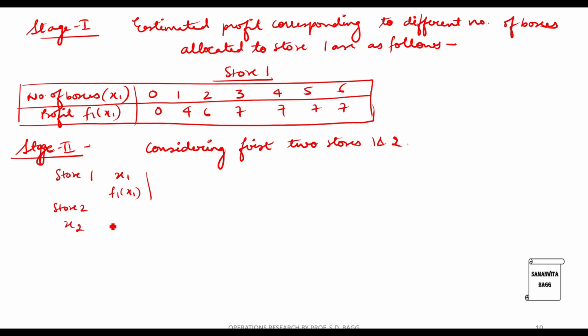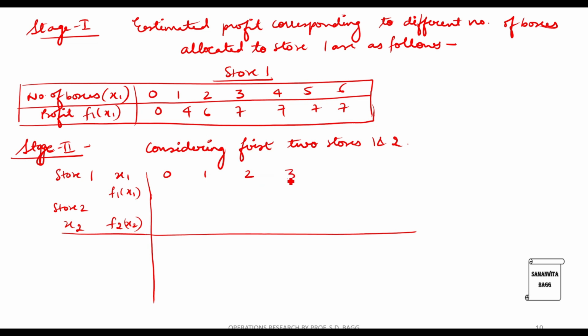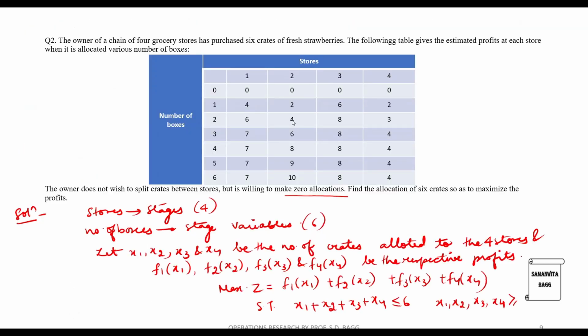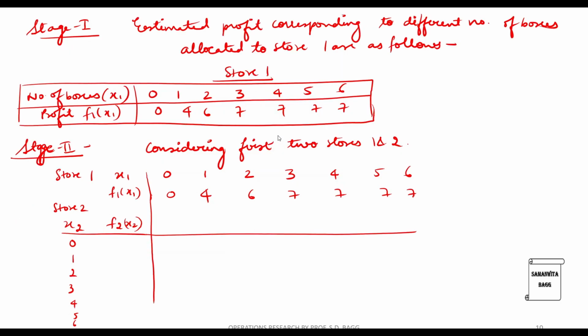The values are x2 and f2 x2. These values are from here, which I just wrote. Here again I'll write down 0, 1, 2, 3, 4, 5, 6. And f2 x2 is the value from here: 0, 2, 4, 6, 8, 9 and 10.